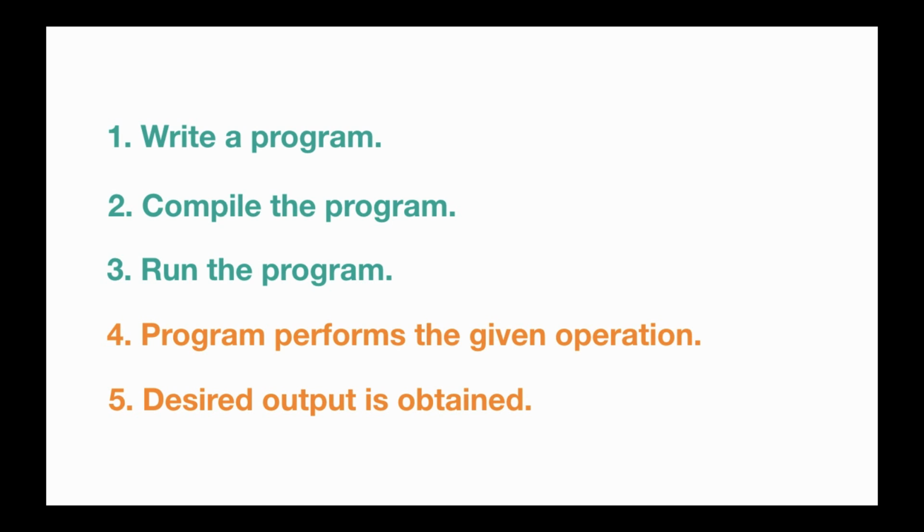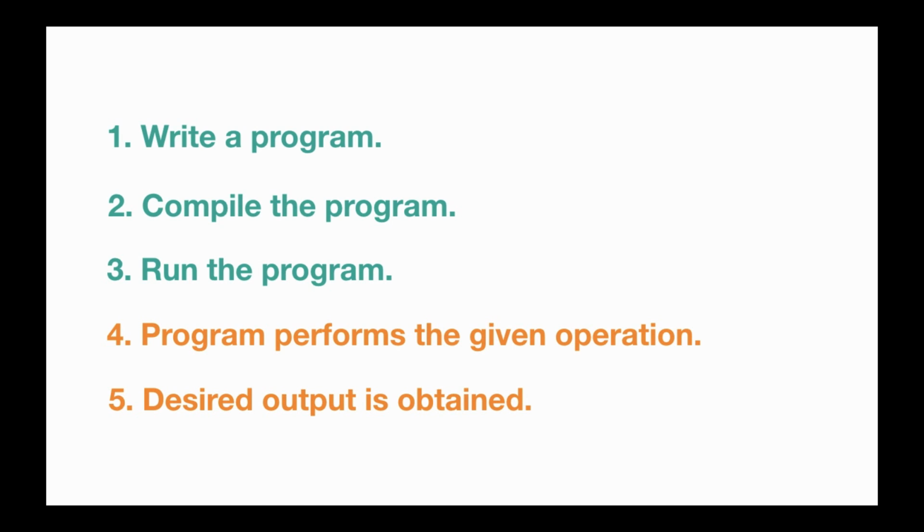For example, for the first step, writing a program, you can write a program in different programming languages by following different methods. Then you compile the program using the compiler of that particular language, which varies because each programming language has its own compiler. Running the program also involves a different process for each programming language.